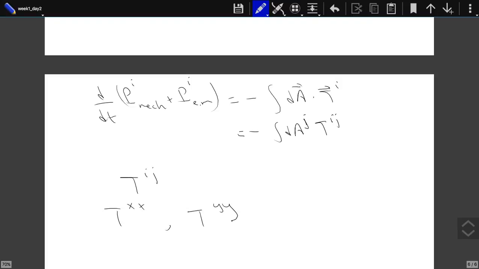Tyy, the flow of the y component of momentum in the y direction. Now, these are already things that should be familiar. If you have a point particle with a momentum in the x direction, it is flowing in the x direction. If it has a momentum in an arbitrary direction, it will have a component in the x direction which will be flowing in the x direction. It will have a component in the y direction which will be moving in the y direction, etc. So those are Txx, Tyy, and Tzz.